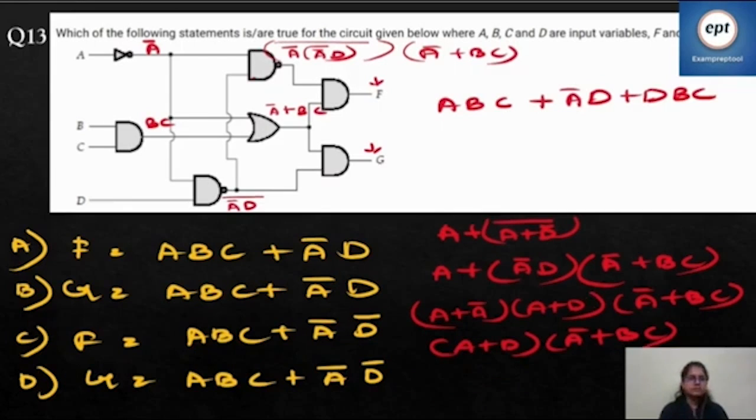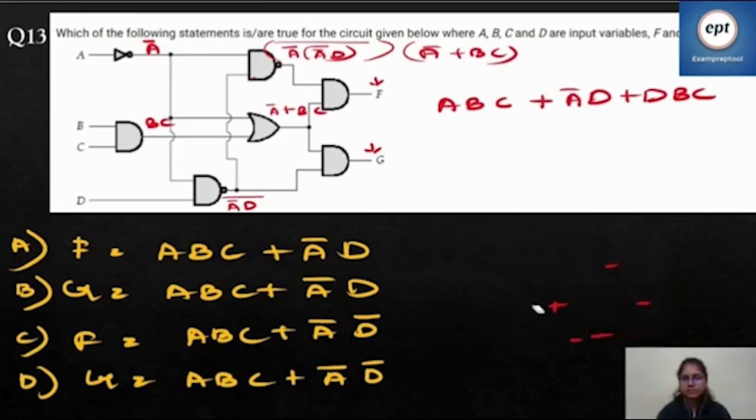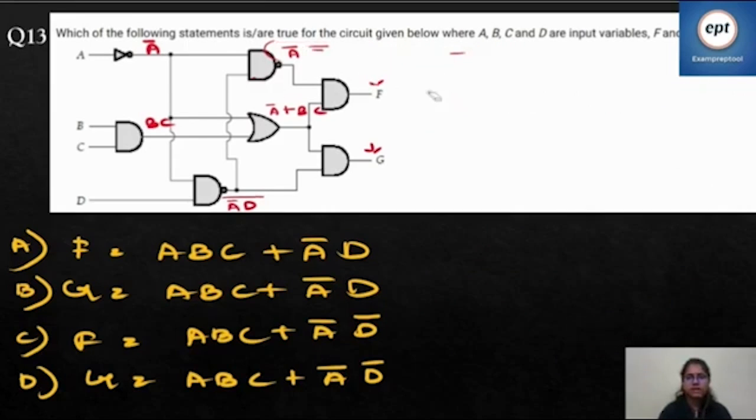Now let's minimize this. This is the extra DBC we are getting. So somewhere we have done this wrong. Let's see this again, because one extra expression is coming, the rest of the expression was correct.